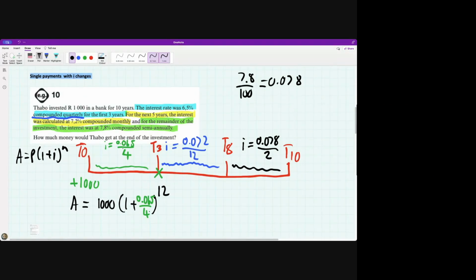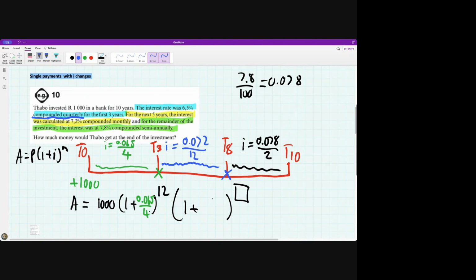Now, the problem we have is we need to know how much Thabo has at the end here. And we've only got to the green cross there. We need to make our way all the way to there. So what I'm going to do is pretend this bit is my P-value, and I'm going to allow it to go with this next part.